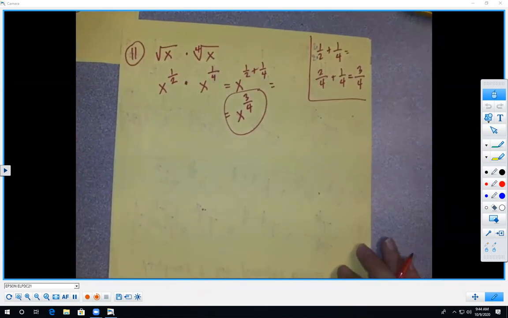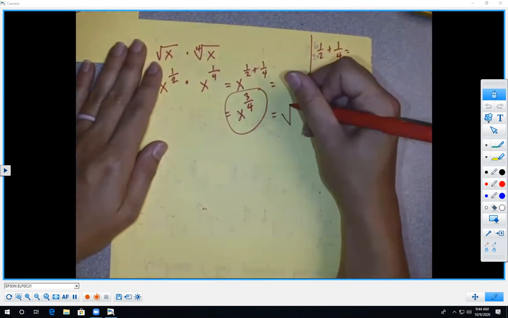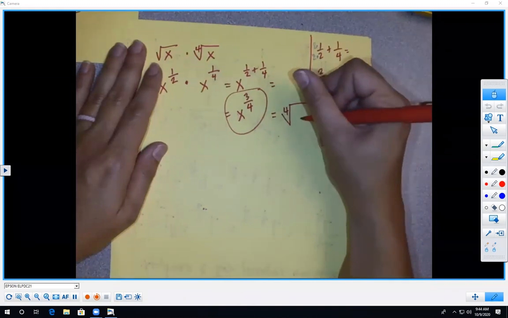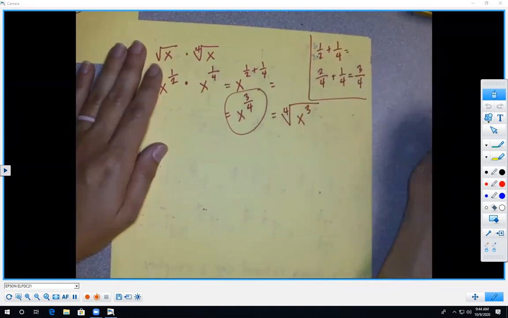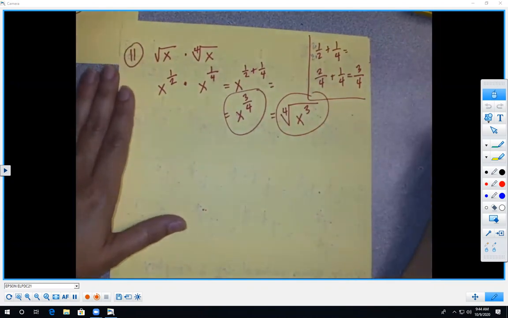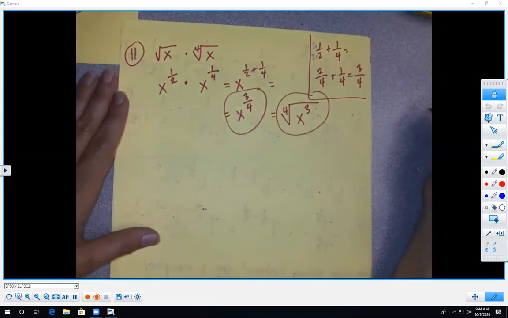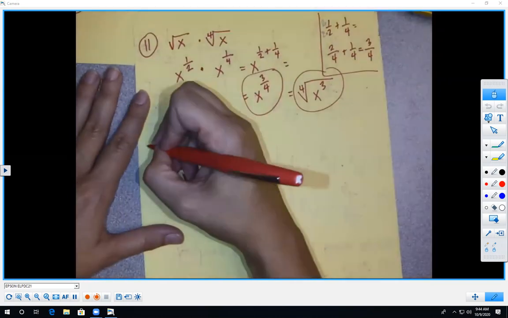What's the root and what's the power? Yeah, it's the 4th root of x to the 3rd power. Questions about that? Let's do another one of those.